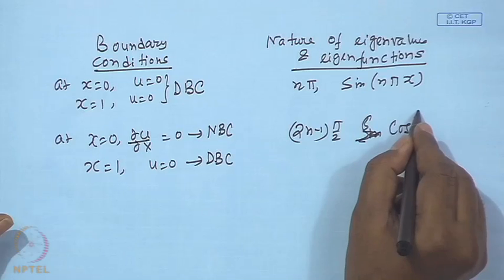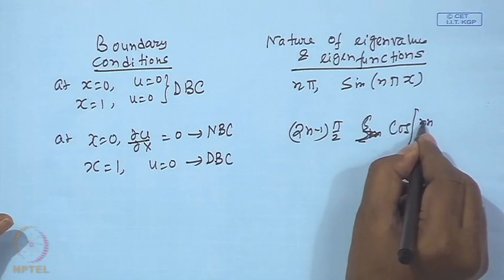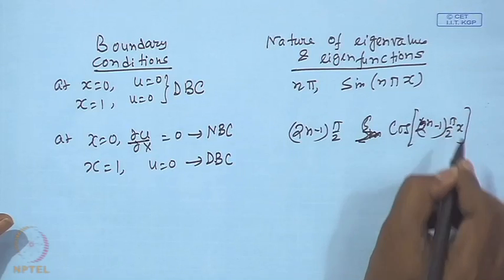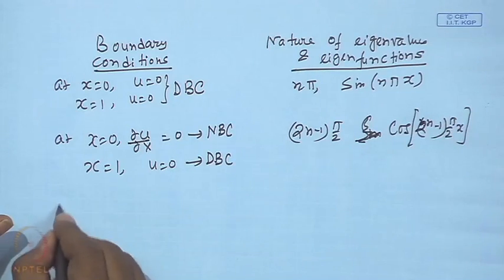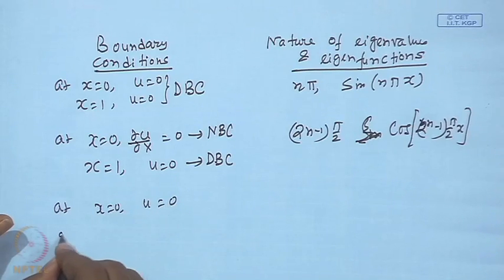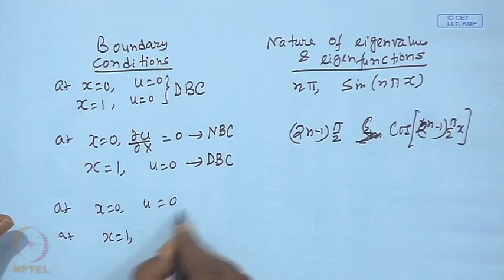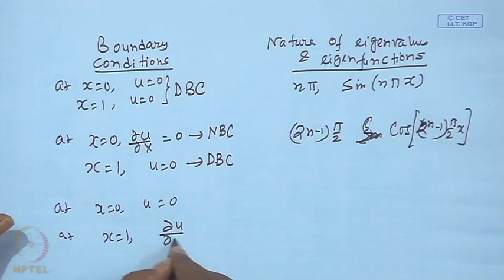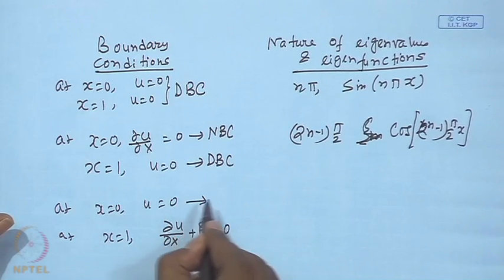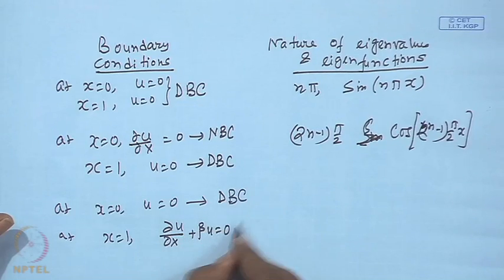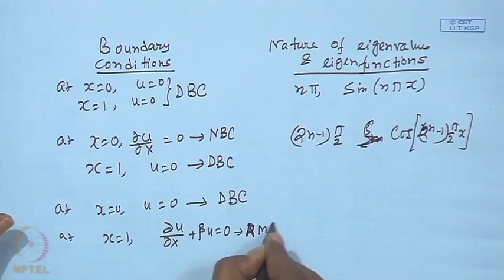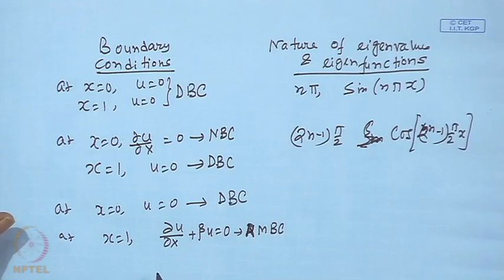and the eigenfunctions are cosine (2n minus 1) pi by 2 x. And at x is equal to 0, if you have u is equal to 0, and at x is equal to 1, if you have del u del x plus beta u is equal to 0, you will be having a Dirichlet boundary condition here and a Robin mixed boundary condition at the other boundary.